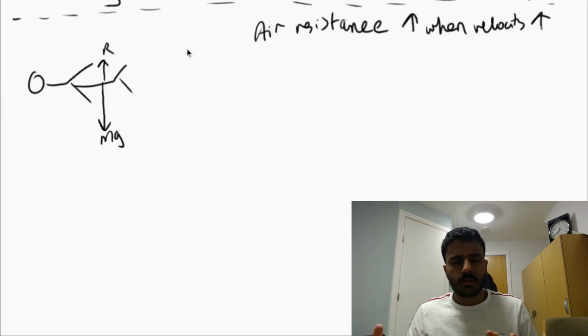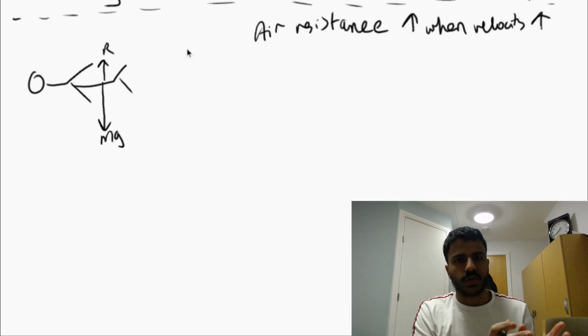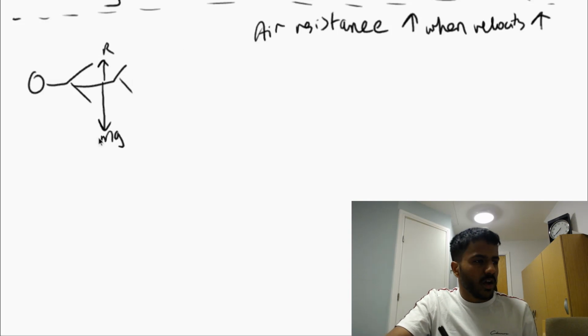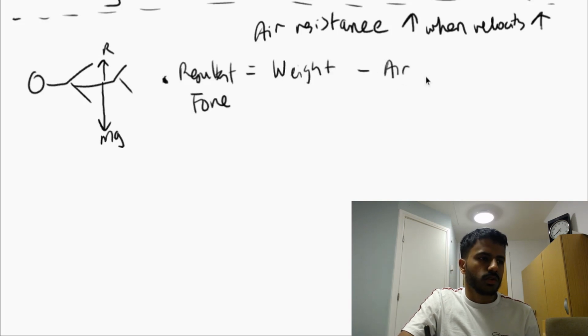After some time has elapsed, the air resistance acting on the skydiver is going to increase. So, as you can see in this scenario, the resultant force now acting on the skydiver is his weight minus the air resistance force.